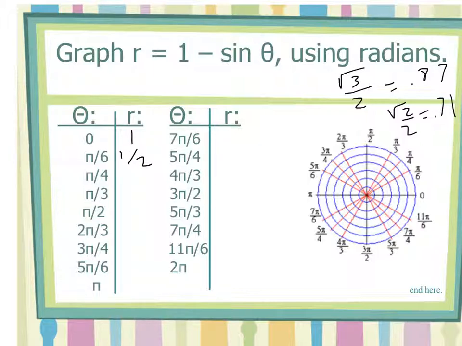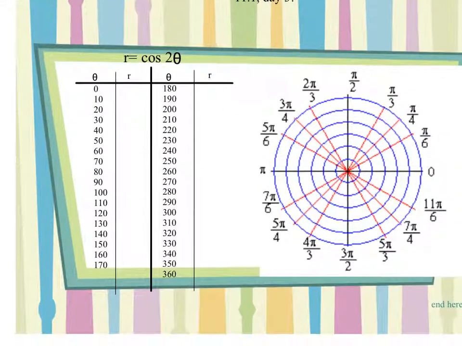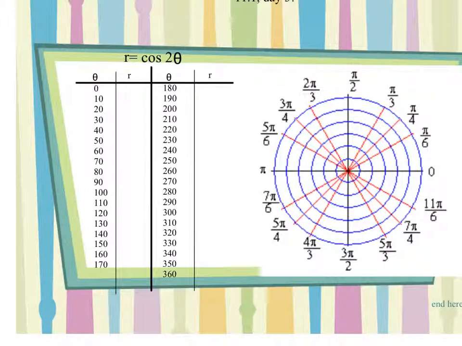Now get to pi over 4. I'm substituting pi over 4 and then evaluating on the unit circle. That's square root 2 over 2. The exact answer would be 1 minus square root 2 over 2. Do 1 minus 0.71, because when you get to the graphing part, it's good to have numbers on there that are intuitive and you can gauge how big they are and how you should plot them. But that's what that one would look like. Here's a third, cosine of 2 theta.